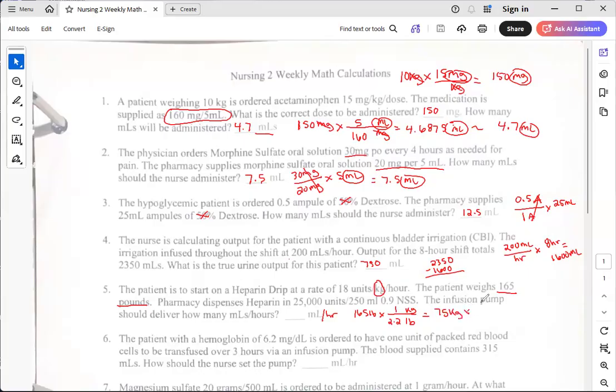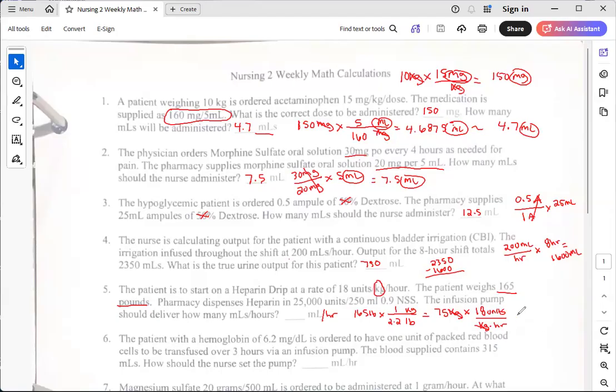Then I'm going to multiply that 75 kilograms by the 18 units per kilogram per hour. What that does is it eliminates kilograms, and now we're left with units per hour.